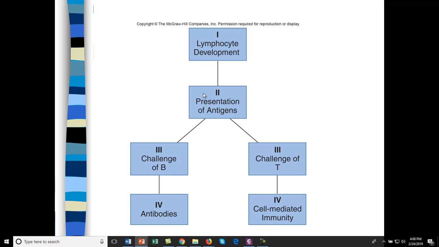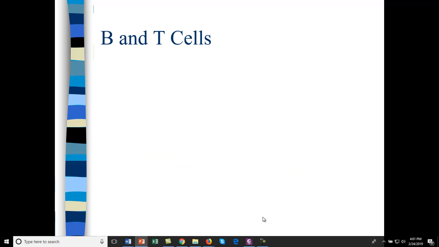They can also be presented, as we'll find out, to B cells as well. That's sort of a different mode of action. The antigens are presented and challenge T cells and B cells. B cells lead to antibody production, and T cells lead to cell-mediated immunity, things like cytotoxic T cells and natural killer cells.